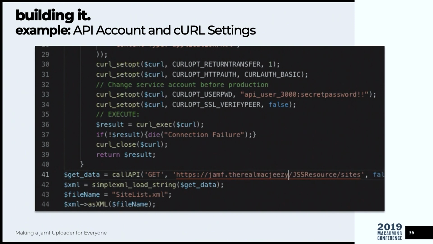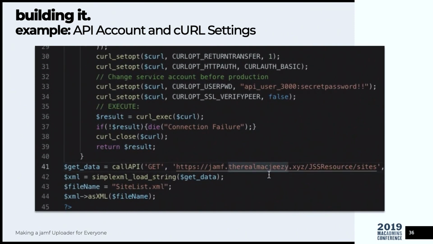And you see we didn't touch the JSS resource or the sites. We won't need to touch that. It's going to stay exactly the same. Once this is done to all those pages, you've set up your API account and your curl settings, and your PHP pages should work perfectly.